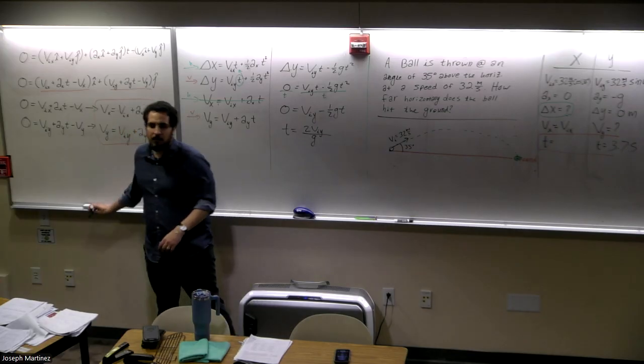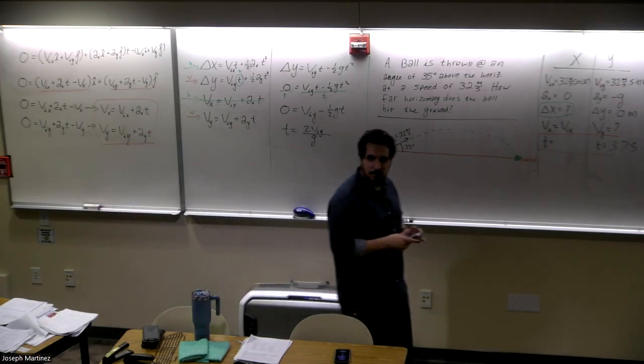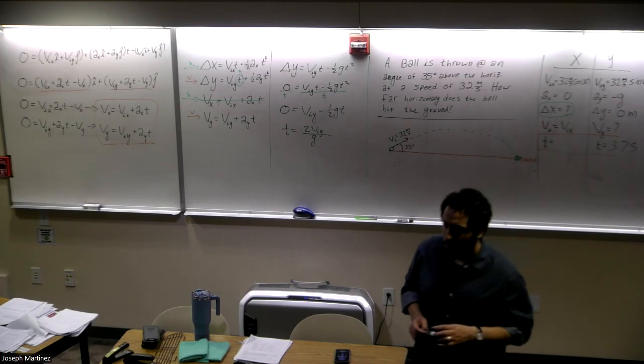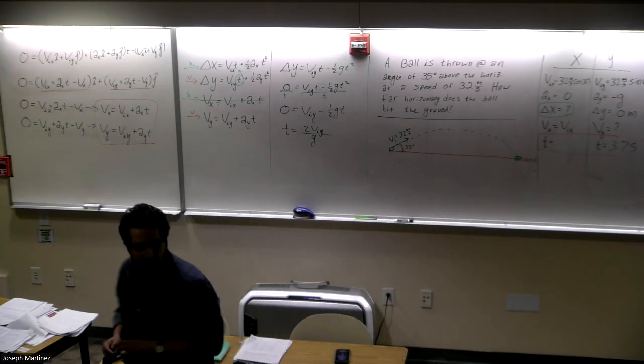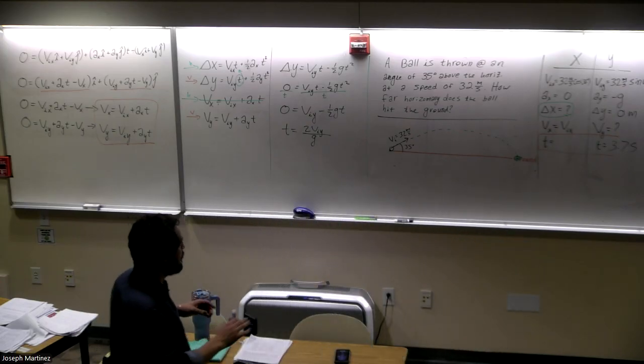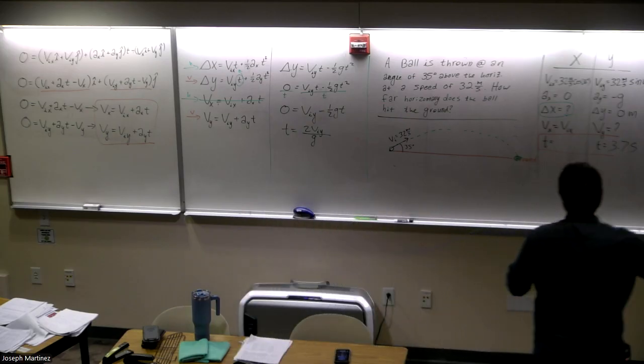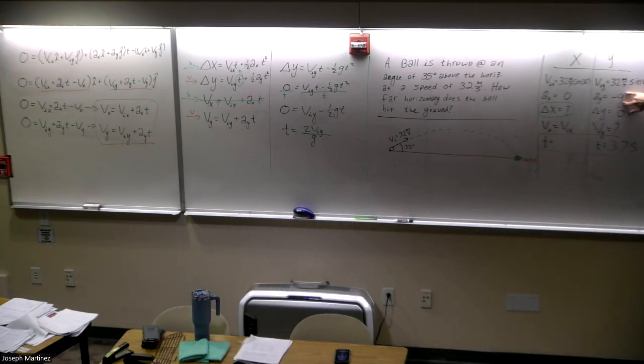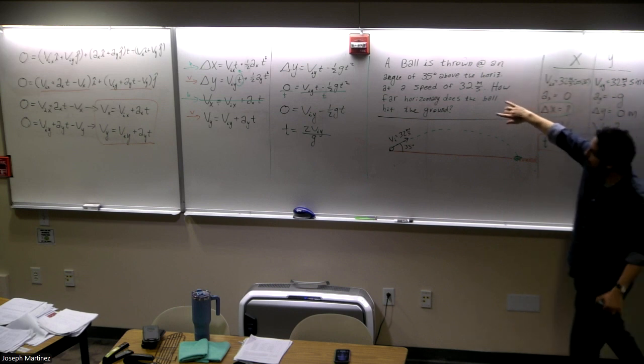Now, like I said earlier, yes? Could you remind me why gravity is not negative? It is negative, right? Negative 9.8 meters per second squared. I think you were looking at the t equation.